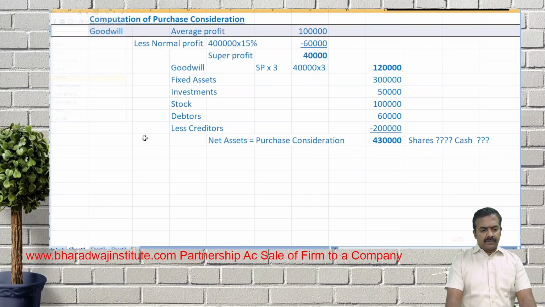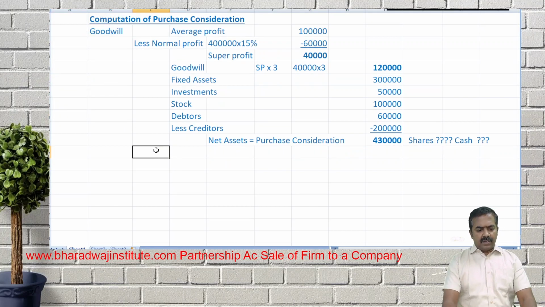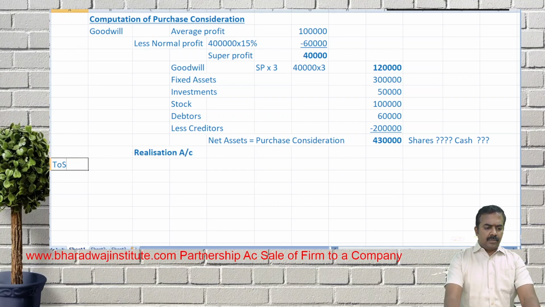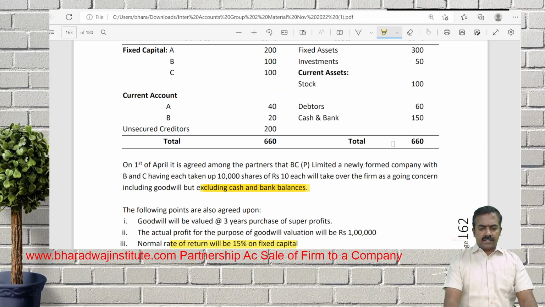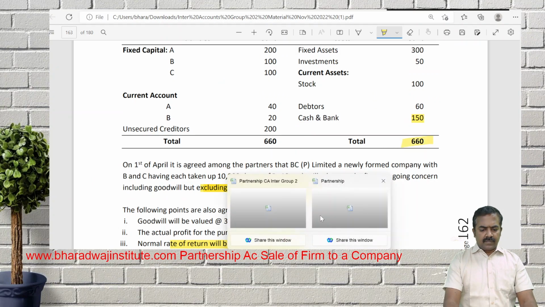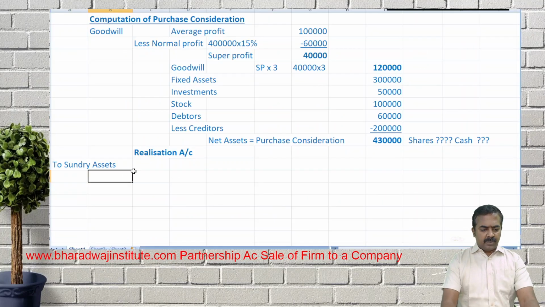Start which account? Start realization account. In the realization account we put sundry assets, total minus cash balance: 660 minus 150. When you do the example, do it separately. 6 minus 1 is 5 lakh.